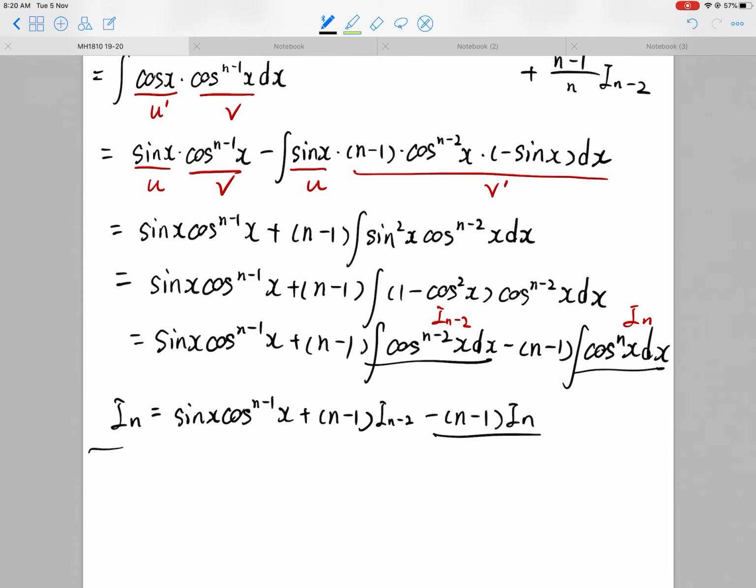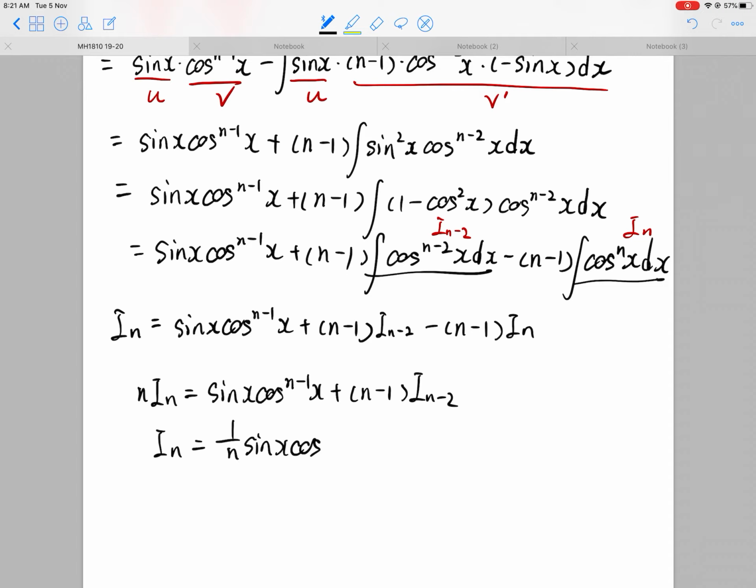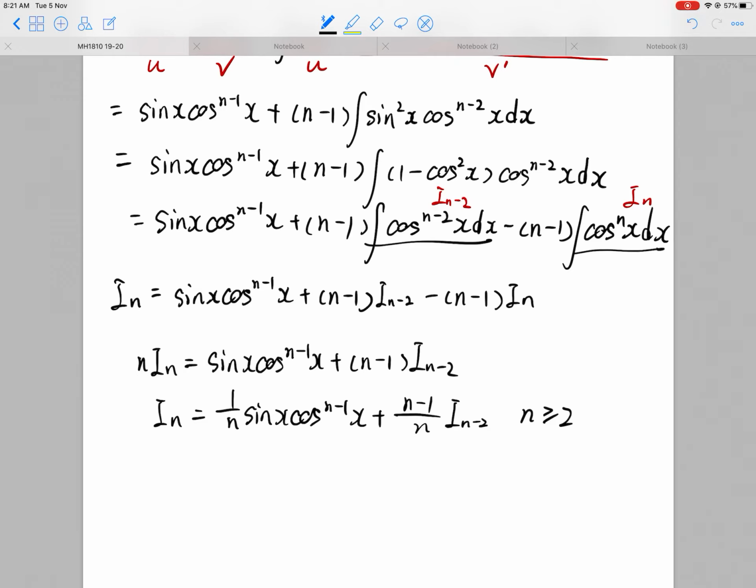You can move this to the left, so you have n I_n equals this. Then you divide by n in the end and you get the formula. Of course, n should be greater or equal to 2 for this to hold.